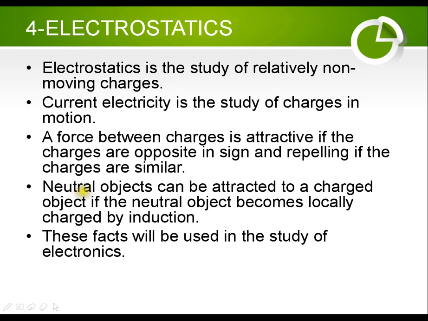For example, if a neutral atom loses an electron, it has a positive net charge. So it changes from neutral to positive net charge, and now it attracts and repels other charges. These facts will be used in the study of electronics. These are very basic concepts, just an introduction.